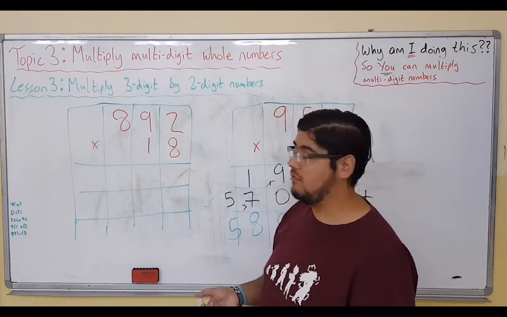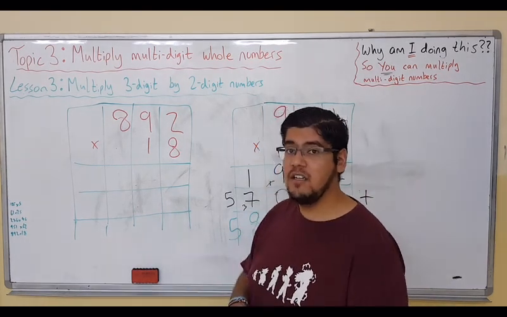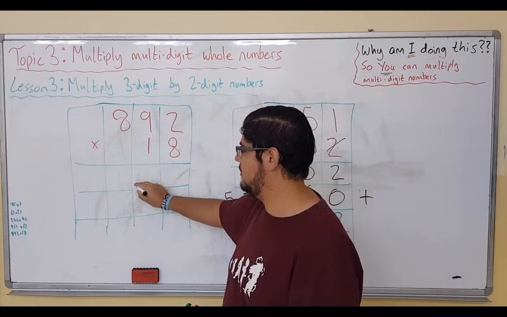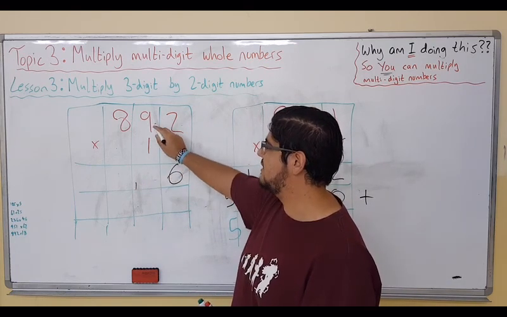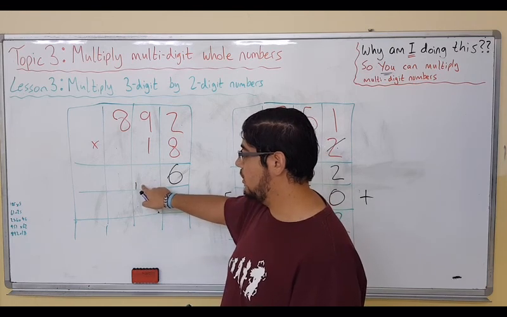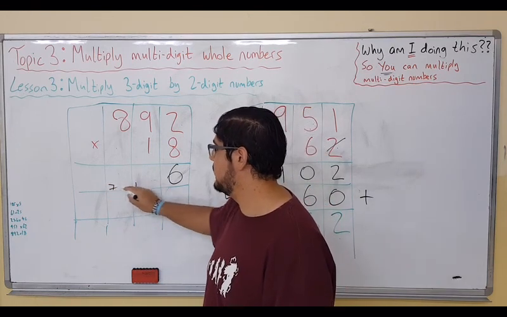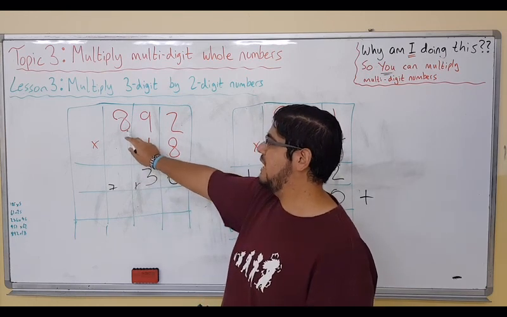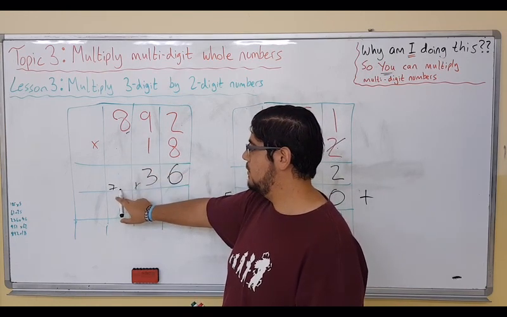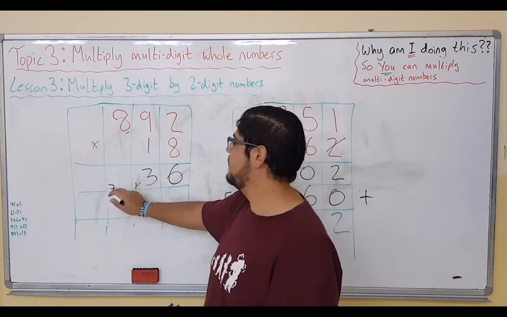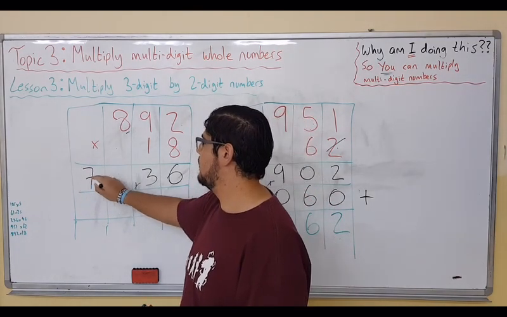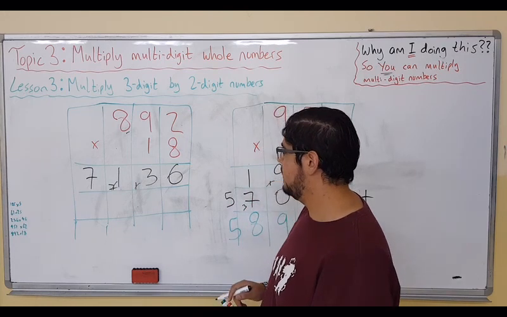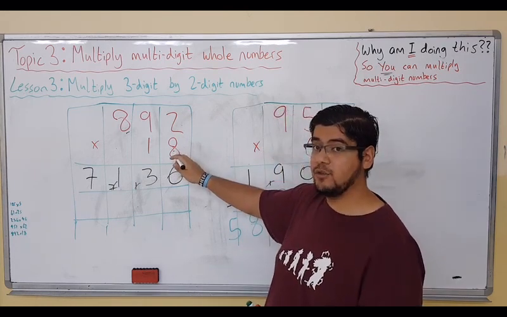Shouldn't take long, right? Practice, practice, practice, and you'll be doing them like this as well. 8 times 2, 16. 8 times 9, 72. Plus the 1, 73. Don't forget to add. Cross out when you used it. 8 times 8, 64. Plus the 7, 71. Cross it out when you used it. Okay? We're finished with the 8.